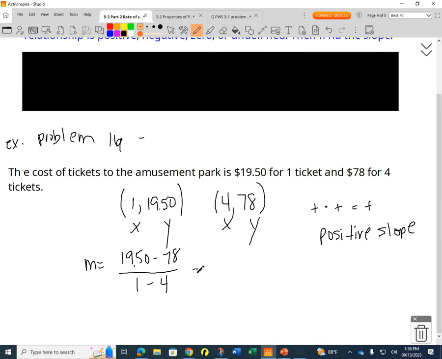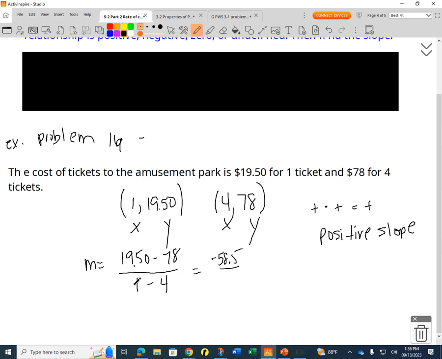So now I'm going to use my calculator and do this math. And that's going to give me negative 5850. And I can do it all at one time. 1950 minus 78, if I put it in parentheses, I could anyway.